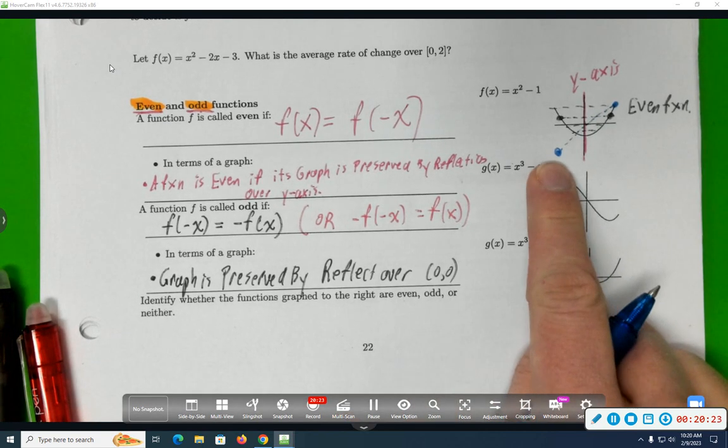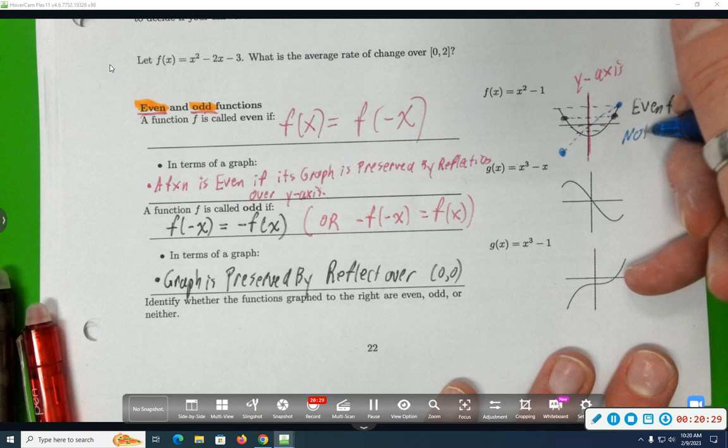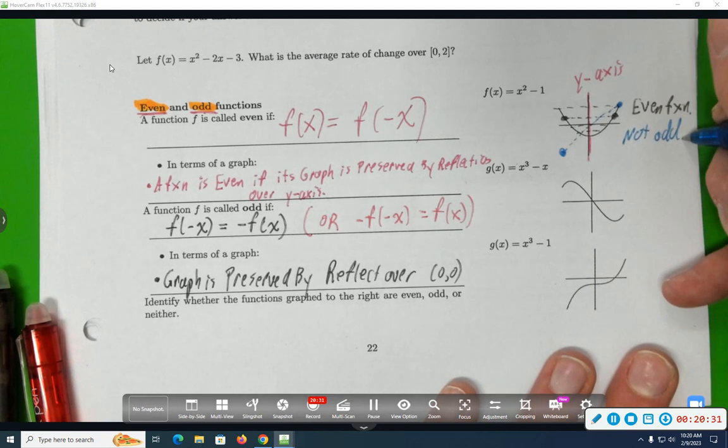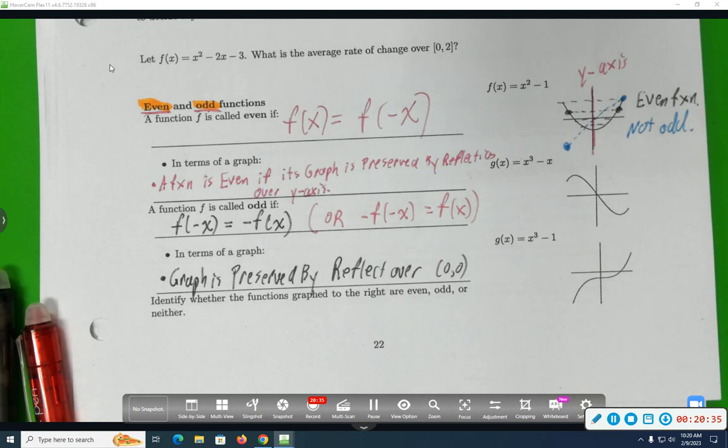Is this new point on the original graph? Nope. So this is not an odd function. Let's check this one. In fact, maybe I'll just ask you. Take that graph and reflect over the y-axis. Is that graph even?